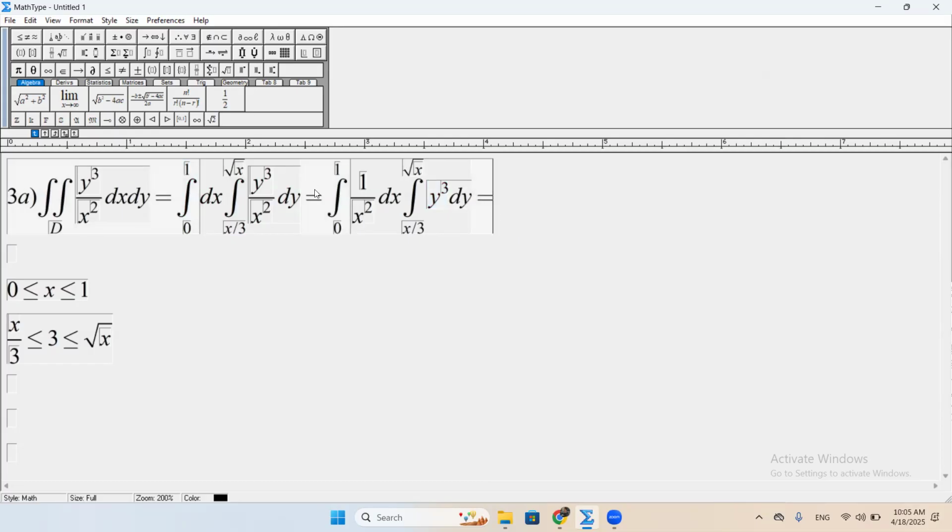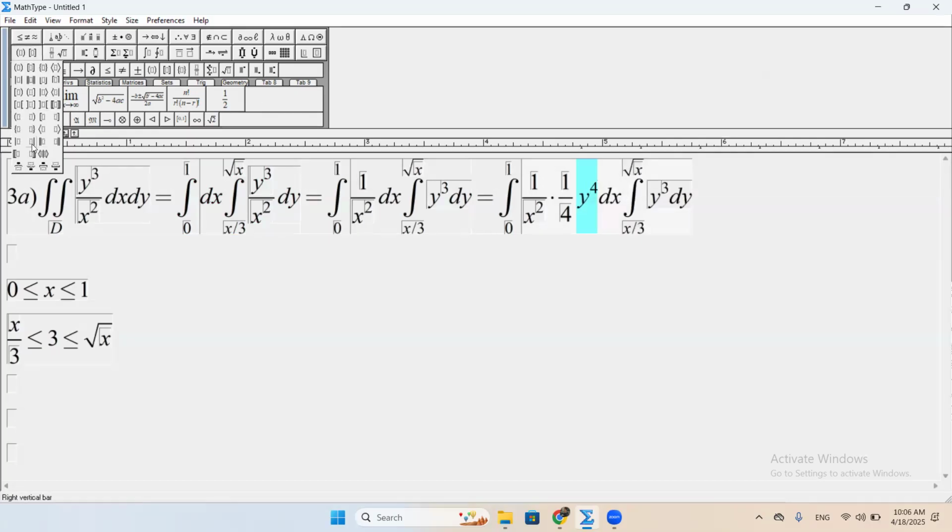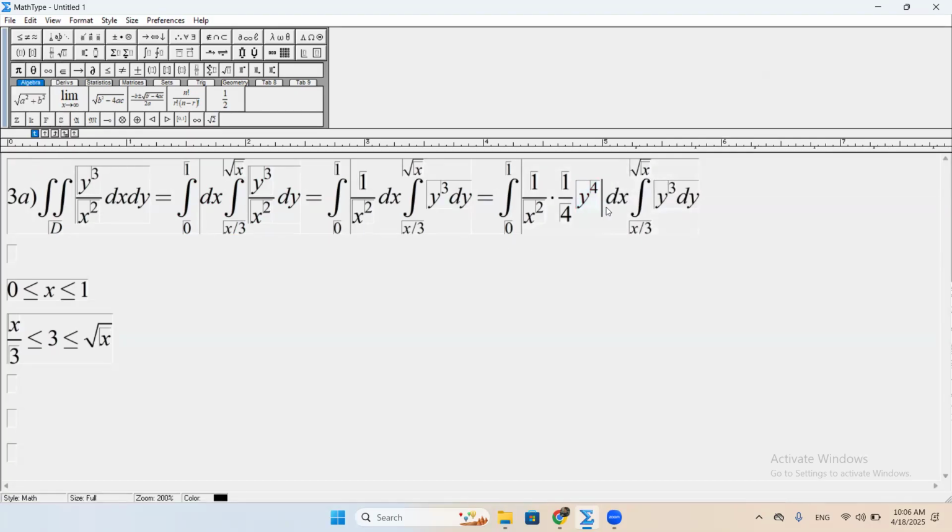It is an absolutely legal action. So now integrating by y. 1/4 y to the power of 4, with the substitutions from x/3 to square root of x.